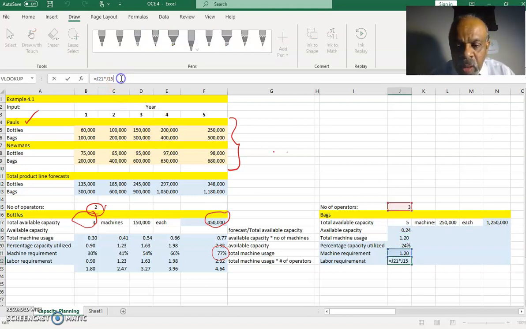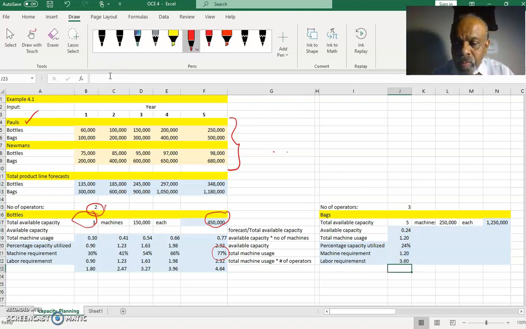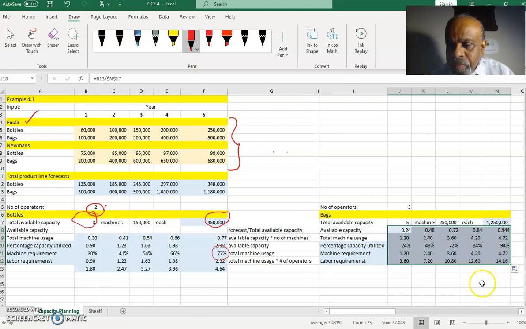And for the labor requirements, the number of operators, which is J15, has to be absolute. Now I can copy and paste. I should get the numbers.